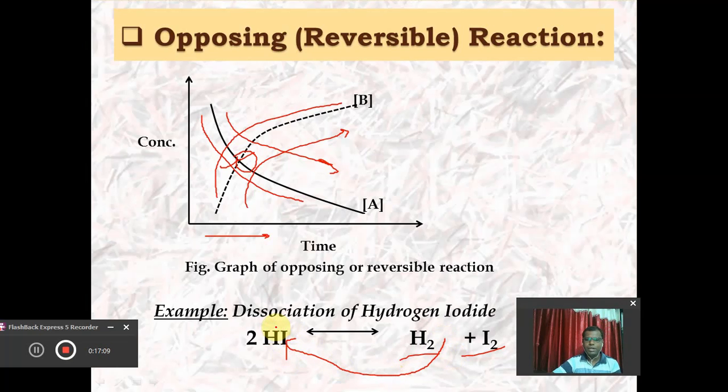Whenever hydrogen iodide gives hydrogen and iodine, these are again reconverted into hydrogen iodide. That's why this is a reversible reaction. So this is one type of complex reaction that we discussed, called the opposing or reversible reaction.